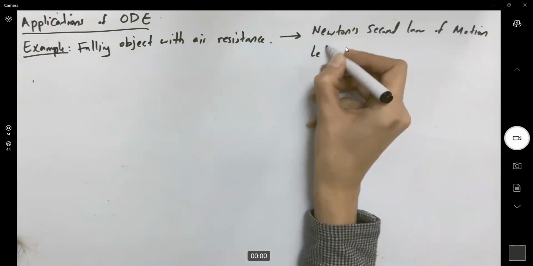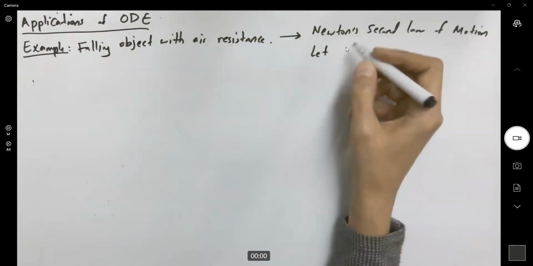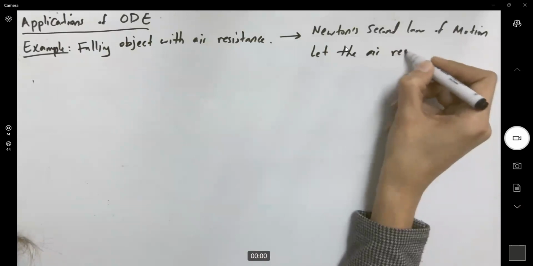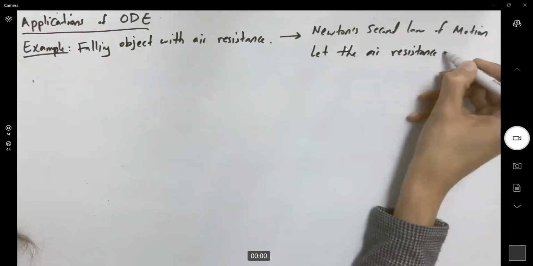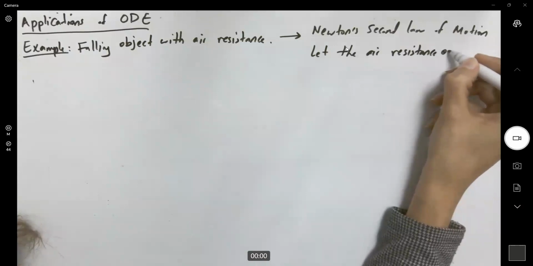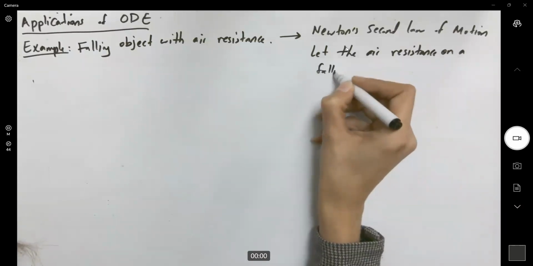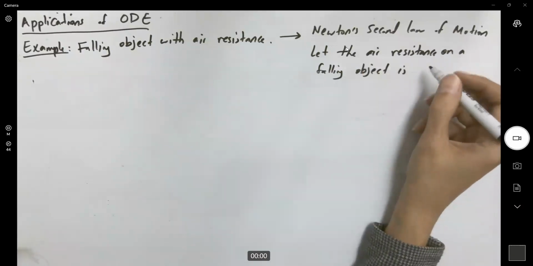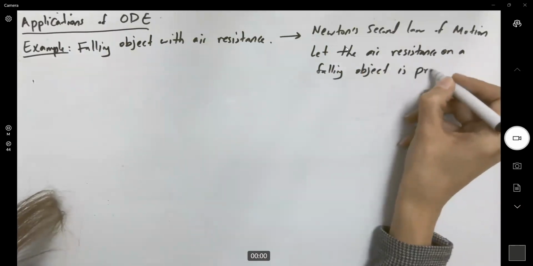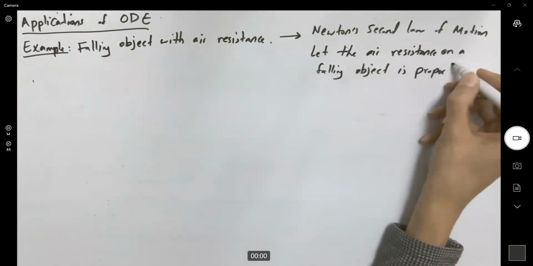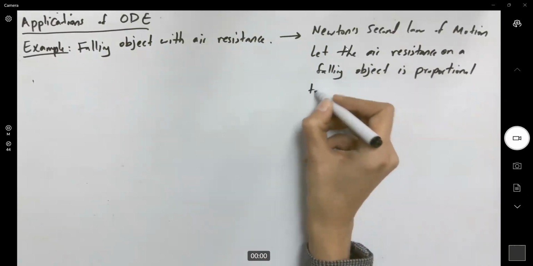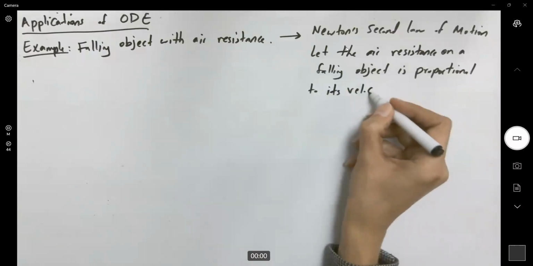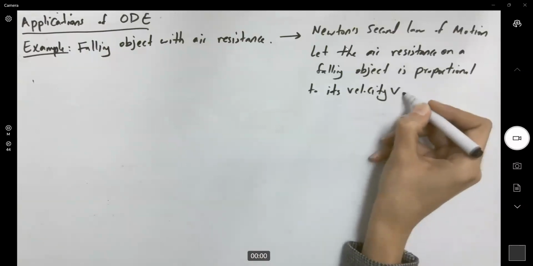So let the air resistance on a falling object be proportional to its velocity, which is denoted by v.